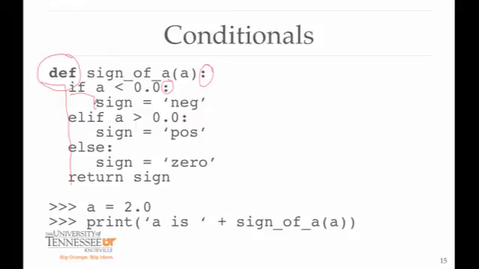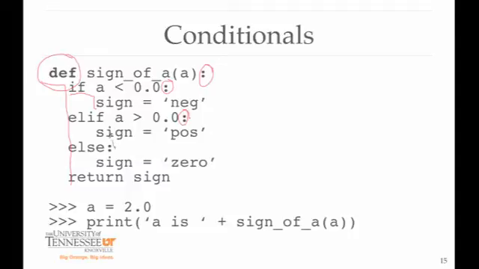That means else if. So if the first one's not true, then test this if. Else if a is greater than 0.0, again, use a colon to denote the new code block. And if that were true, then of course the sign would be positive. And then the catch-through block, in case the other two are not true, is just our final else, which is consistent with other languages.